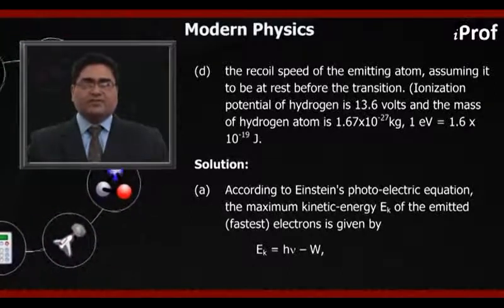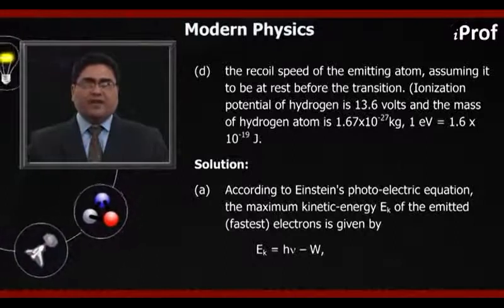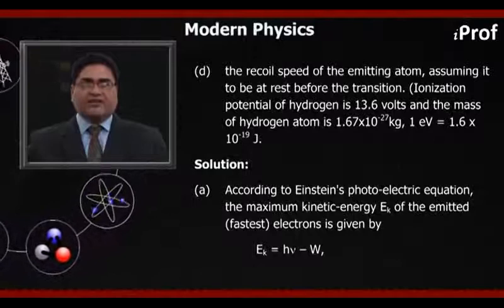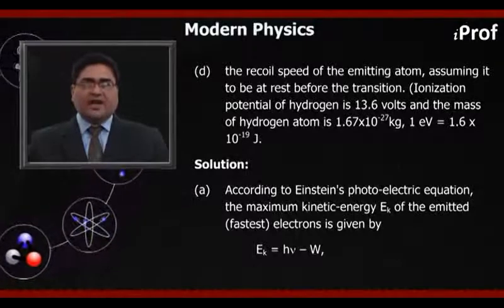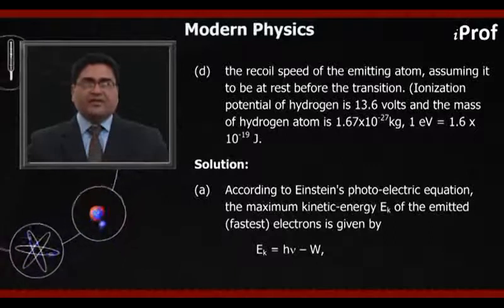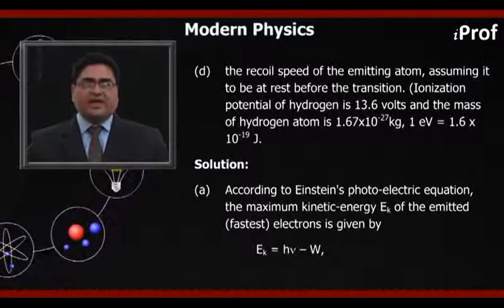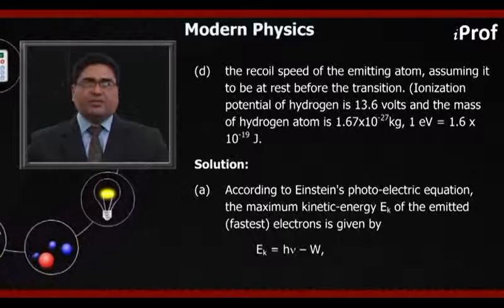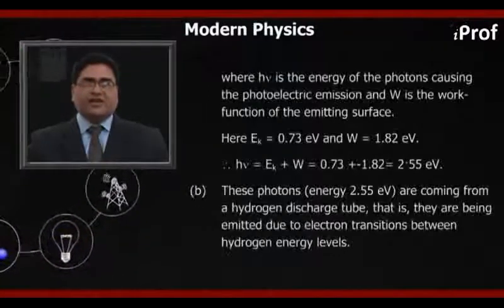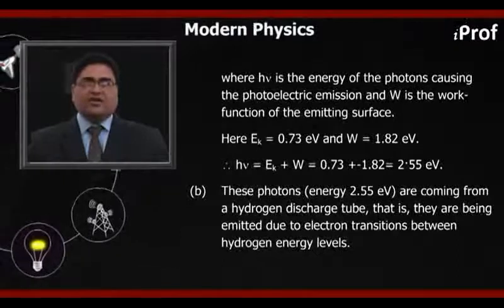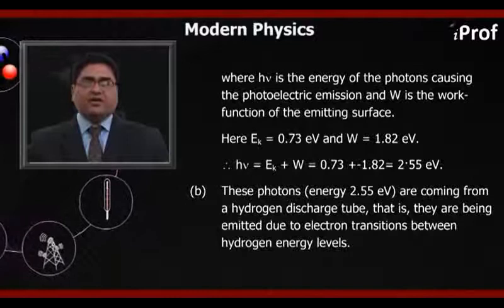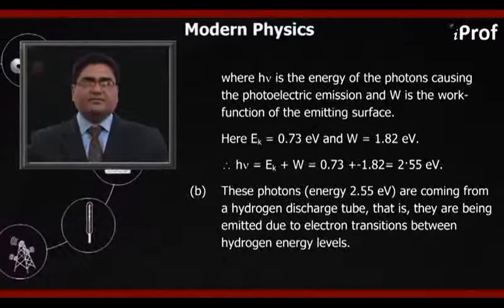Let's see the solution. For part A, according to Einstein's photoelectric equation, the maximum kinetic energy Ek of the emitted fastest electrons is given by Ek equal to hν minus W, where hν is the energy of the photons causing the photoelectric emission and W is the work function of the emitting surface.